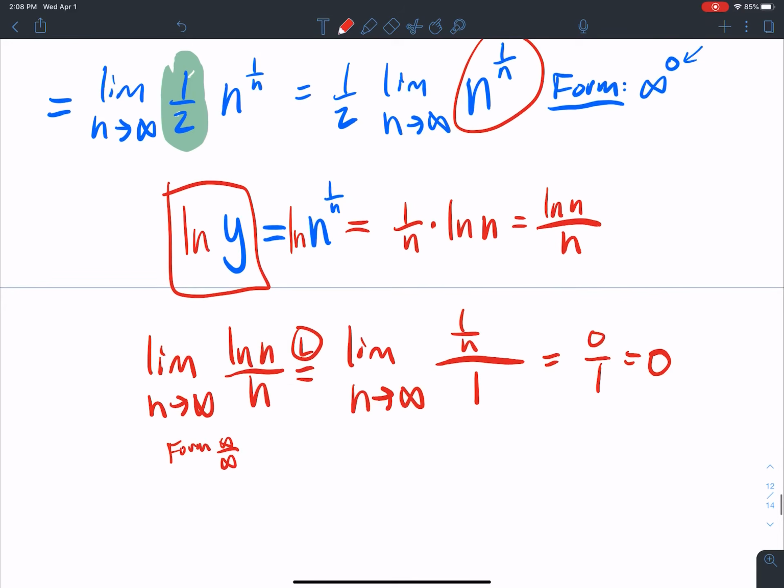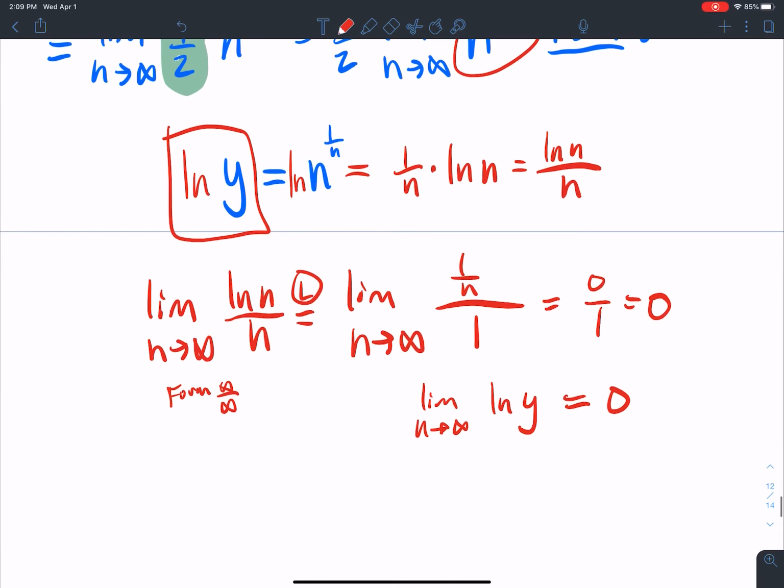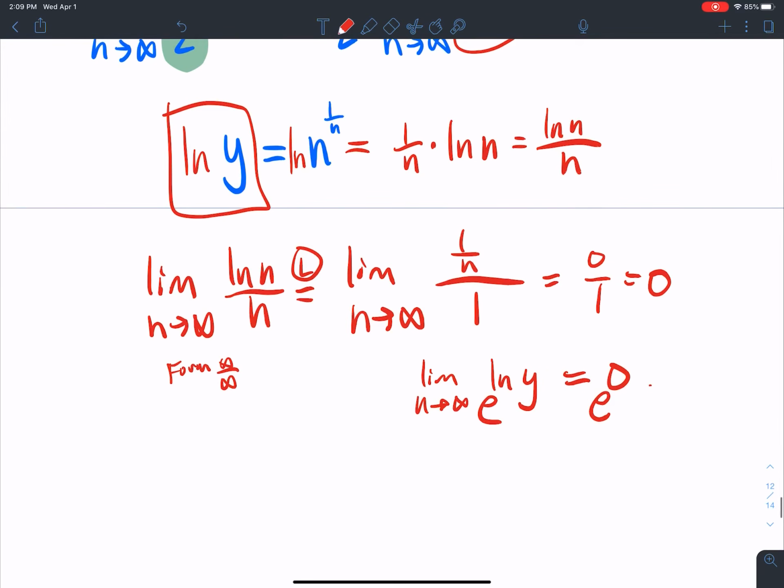So what does that tell me? When I take the limit as n goes to infinity of the natural log, I get 0. So what do I need to do? I need to e to get back to just the limit. If I e both sides, e to the 0 is equal to 1.